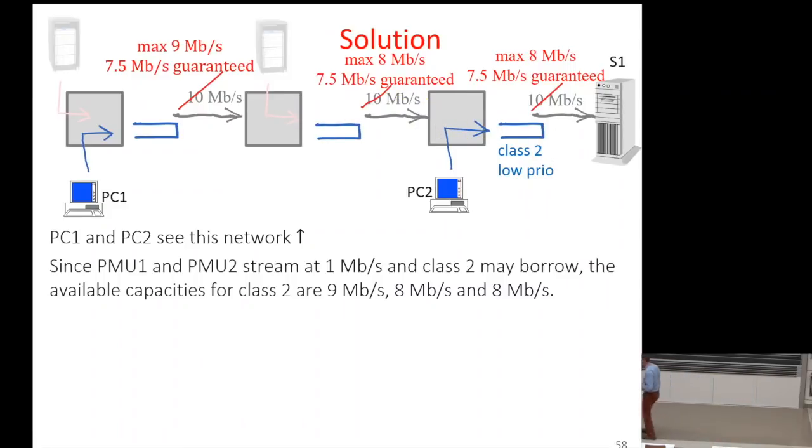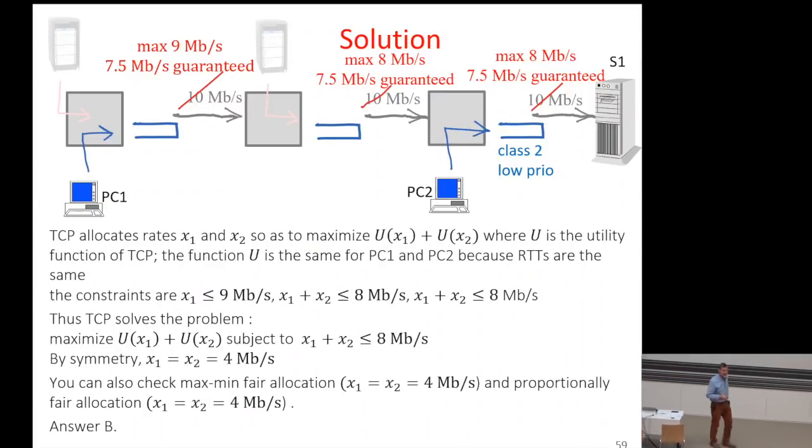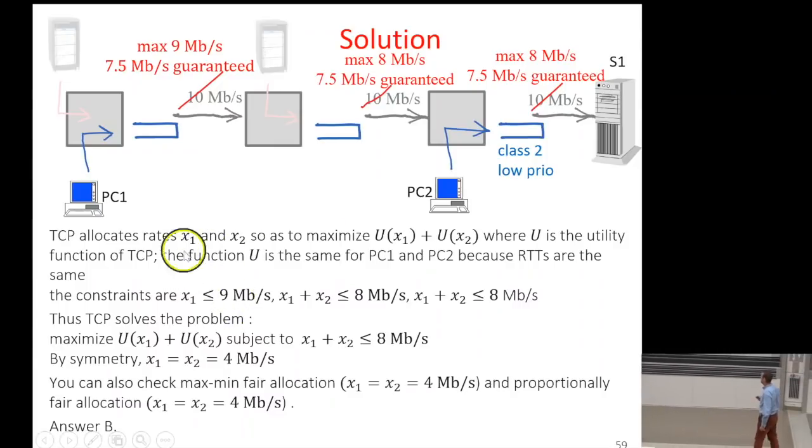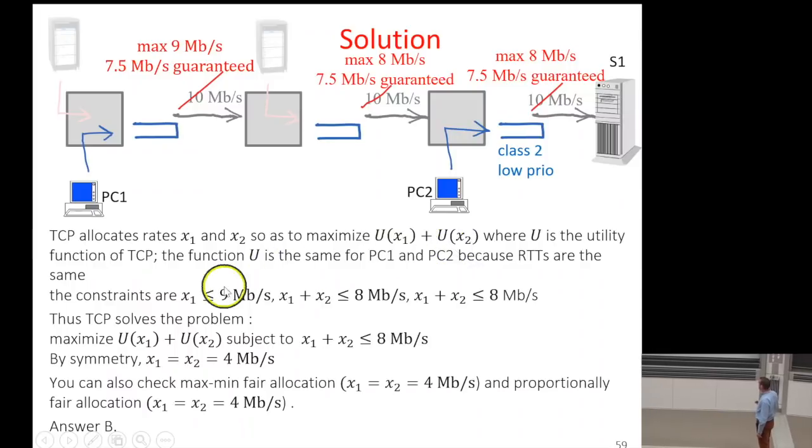And now the question is, what will TCP do in a case like this? Well, that's one of the exercises we've done several times. TCP will maximize its TCP utility subject to those constraints. X1 is less than 9, X1 plus X2 is less than 8, X1 plus X2 again is less than 8. And in fact, the first condition is redundant because if the sum of the two is less than 8, then the first must be less than 9.